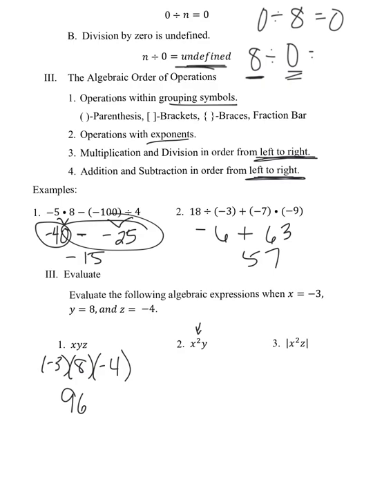This next one is extremely important. When you have x squared y, what this means is you want to square x's value. There is a huge difference, since x is -3, there is a huge difference between this and this. What this one means is that I want to square everything.